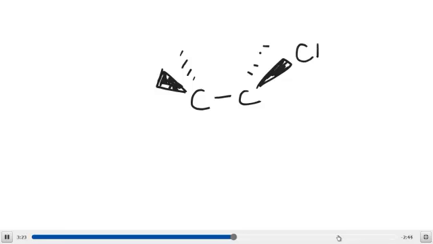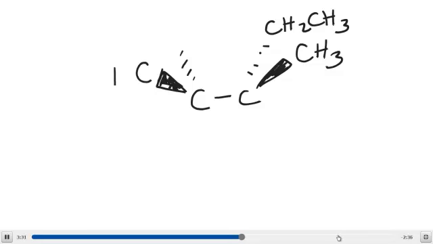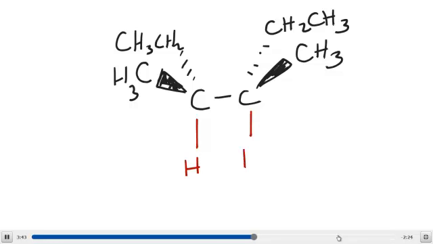My methyl groups are still on the wedges, and my ethyl groups are still on the dashes. But this has changed from an sp2 hybridized pair of carbons to a pair of sp3 hybridized carbons, and they now have hydrogen bound to them in this fashion.